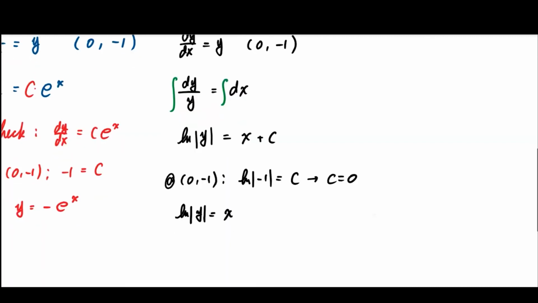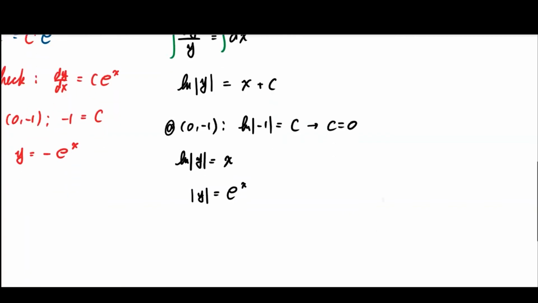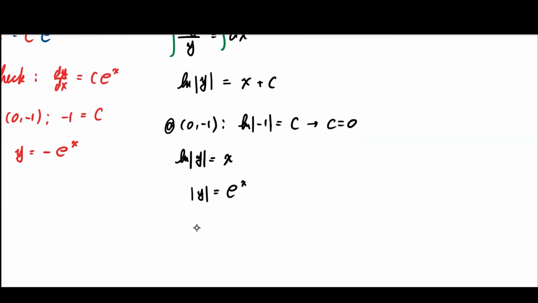Now we still have to solve for this y, right? So the absolute value of y is equal to e to the x. Now then y is equal to plus or minus e to the x. Wait a minute, plus or minus e to the x represents this curve as well as this curve, right?